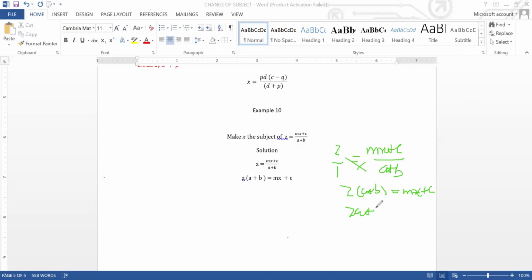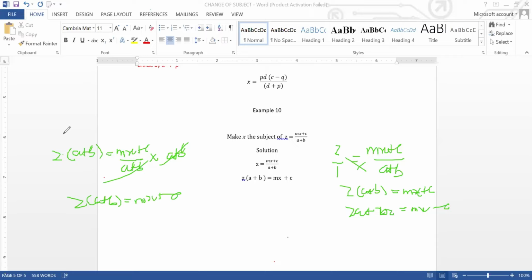Now ZA plus BZ, equals MX plus C. Or I can decide to multiply by the LCM, A plus B, cancel this out, and I get my work again. It's the same thing.